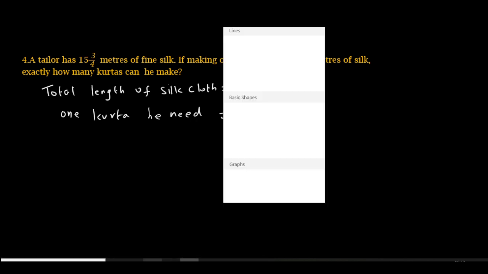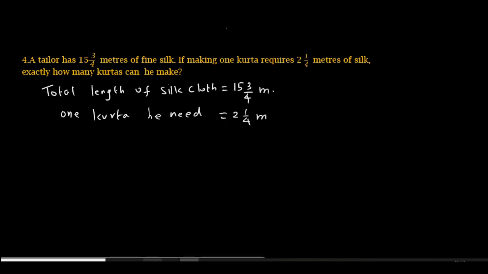Suppose this is the length of the cloth. If they cut this and make one kurta, this is the total length of 15 3/4 meters. It means for making one kurta, 2 1/4 meters is cut out, and for this another 2 1/4, for this another, like this.